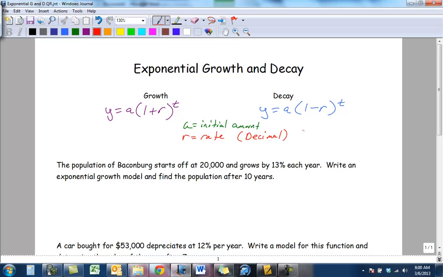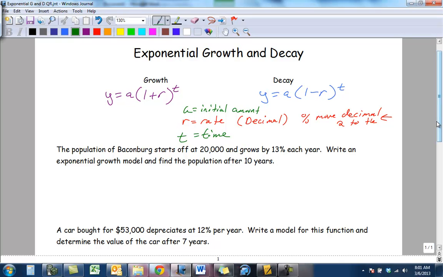So if it's a percent, move the decimal point 2 times to the left. And then t, of course, is time, and time is whatever units are given. So let's do a couple of examples here.